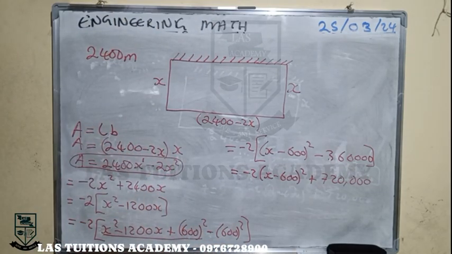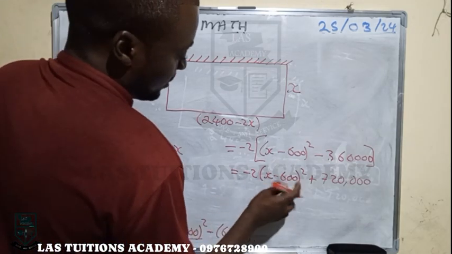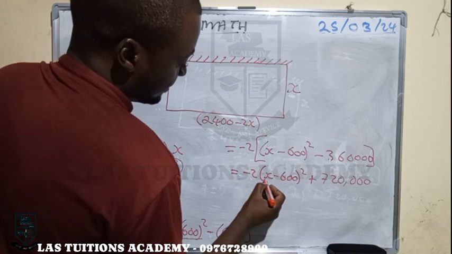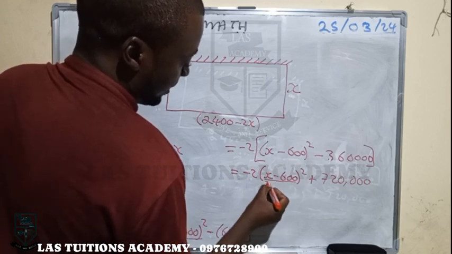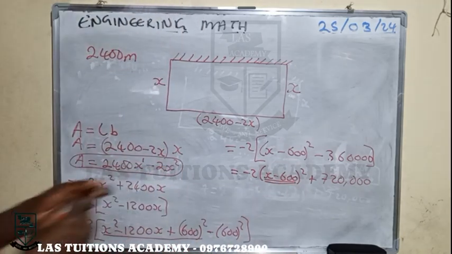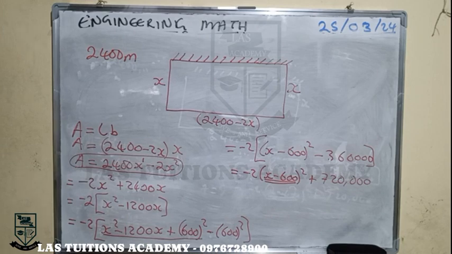So now at this point, when you want to find the value of x, you need to equate this to 0, which is going to give us our 600.